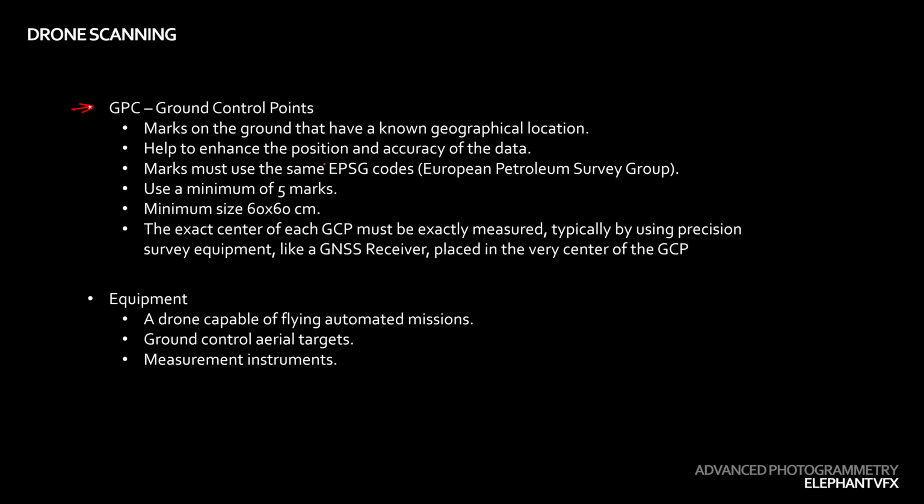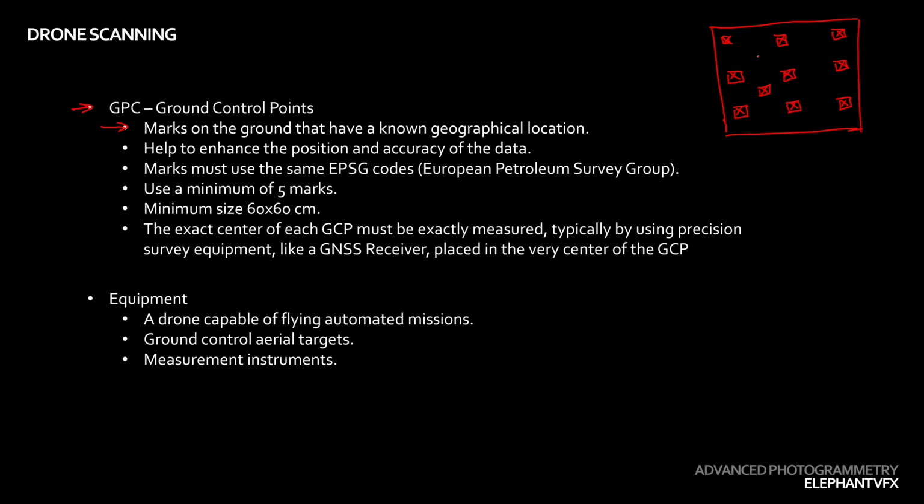So ground control points are marks on the ground that have a known geographical location. All right. So we have a top view of the land, the terrain that we want to scan. We will put a ground control point there, another ground control point there, another one here, another one there, and maybe another one here, and here, and here.